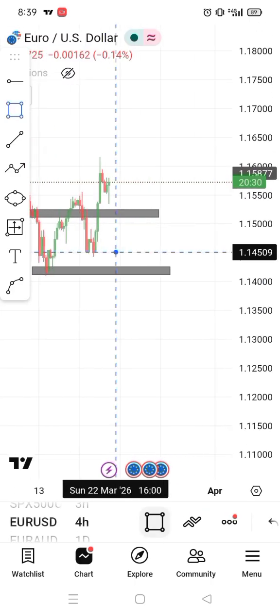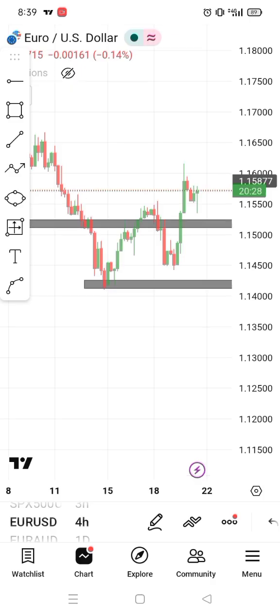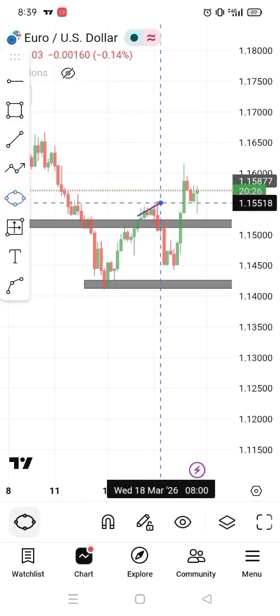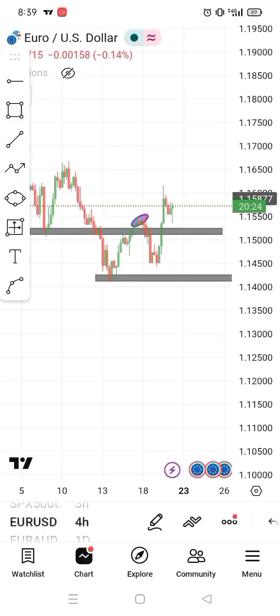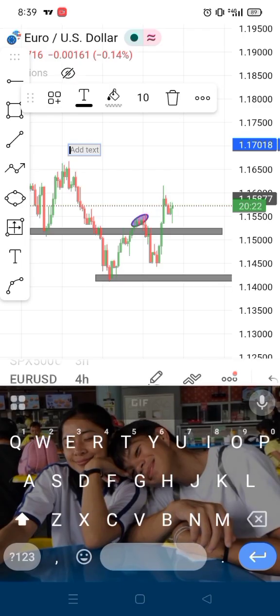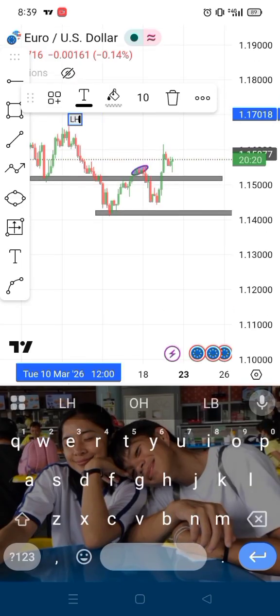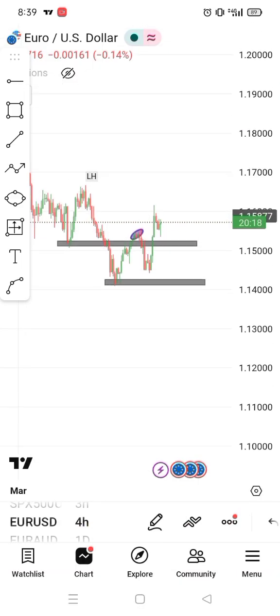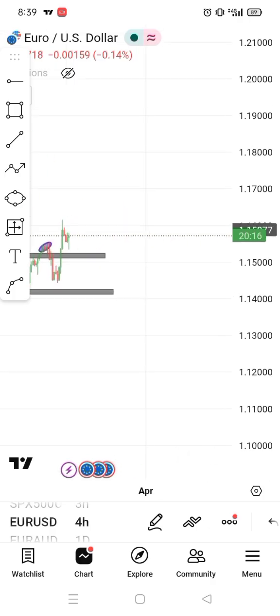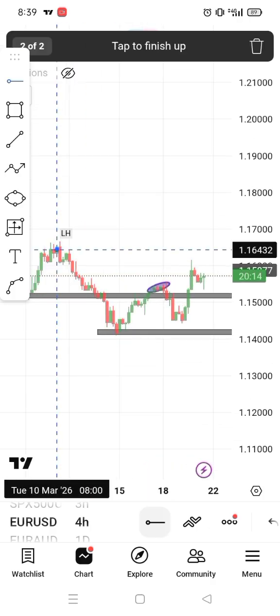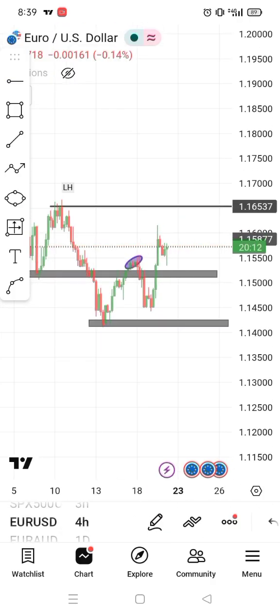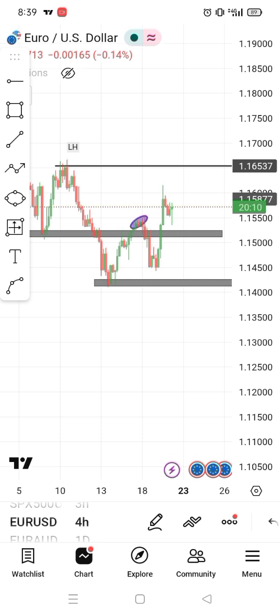Price tries to correct, made a lower high. So these are low, a lower high. So this is a lower high, right? Created a low here.